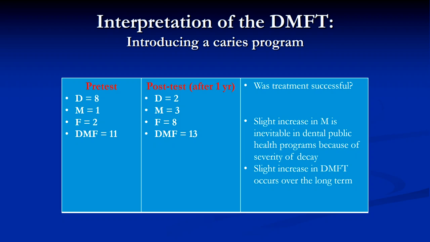So we introduce an intervention, a caries health promotion program, right after we do the pretest. And then after a year, we go back and we collect data again. And we notice that our decayed category is now a 2, our missing category is now a 3, and our filled category is now an 8. So our total DMF score is a 13 here.